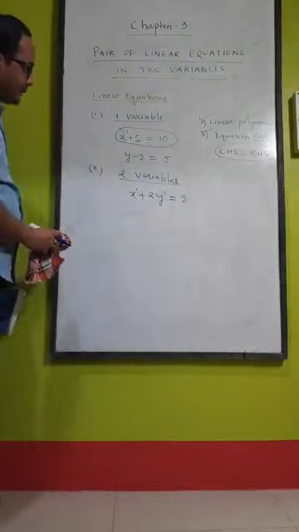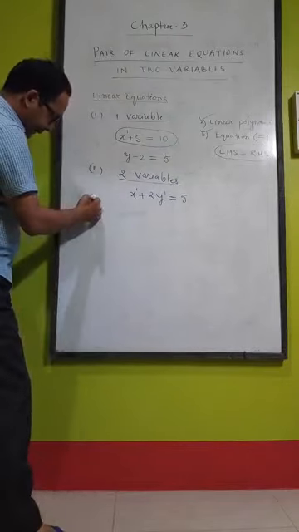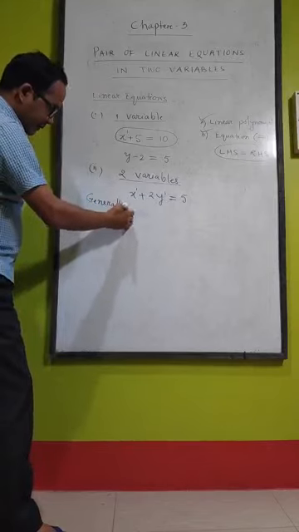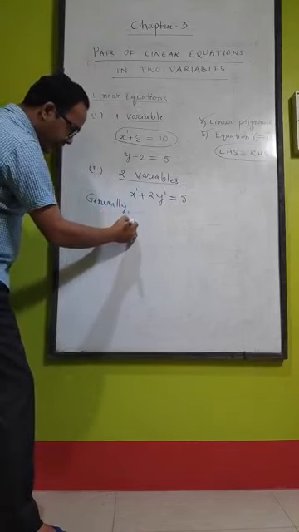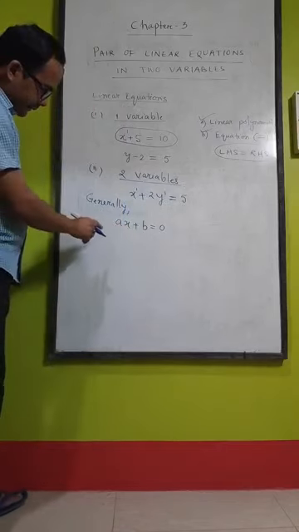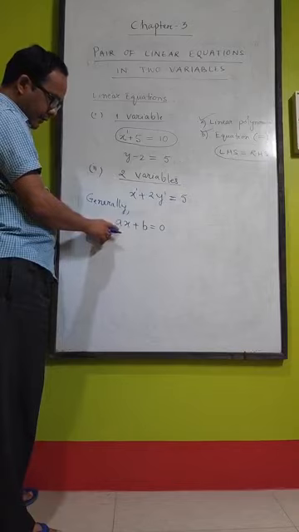In general, how can you write a linear polynomial? Linear equation. Generally, for a linear equation in one variable, we write like this, ax plus b is equal to 0. Here, it is a linear equation in one variable.